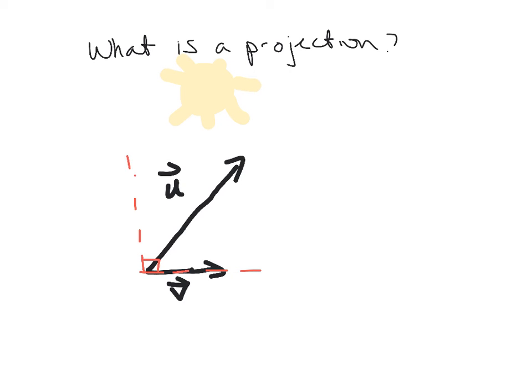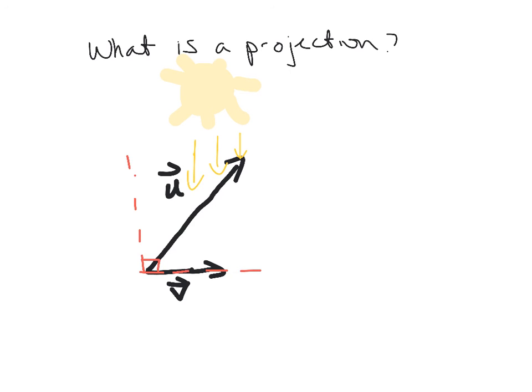And that sun is shining directly on top of my vector U. That vector U is going to cast a shadow directly down onto V. It's going to go like so. Sunshine is going to go down like this, and it's going to cast a shadow.